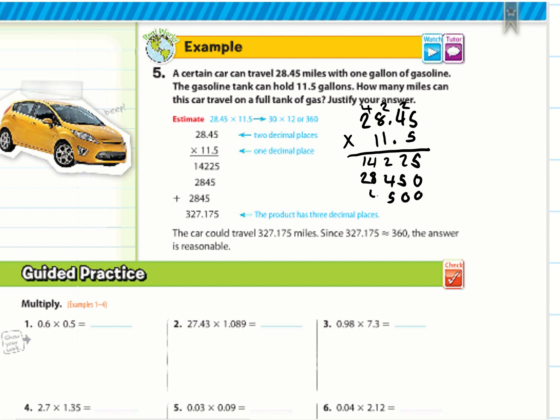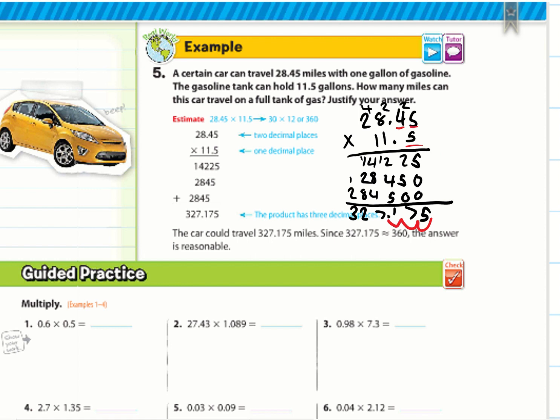So 5, 4, 8, 2. And after I add all of these together, it's going to be 1, it's going to be 17, and 12, 3. We have 1, 2, 3. 1, 2, 3. Very important.